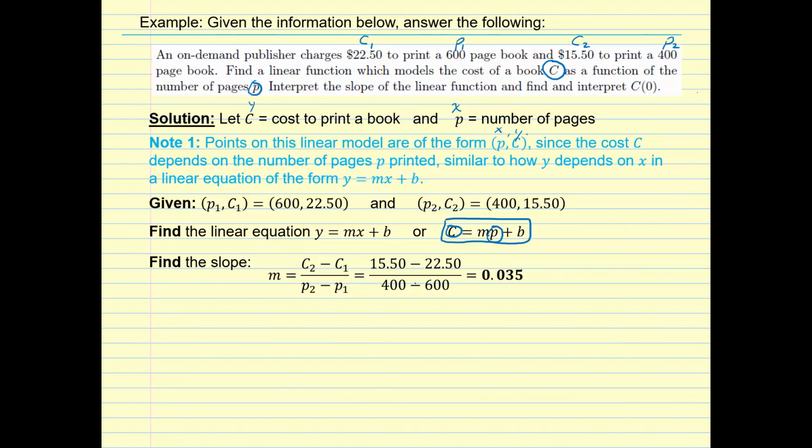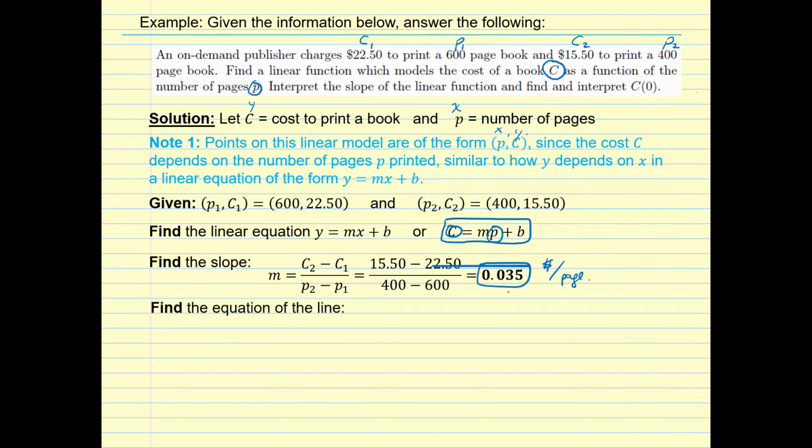If we plug through and evaluate, we get a slope of 0.035. This is in dollars per page, so the slope means it's about 3.5 cents per page to print.